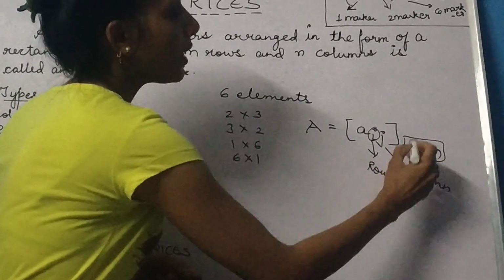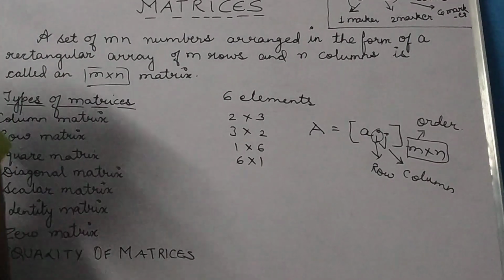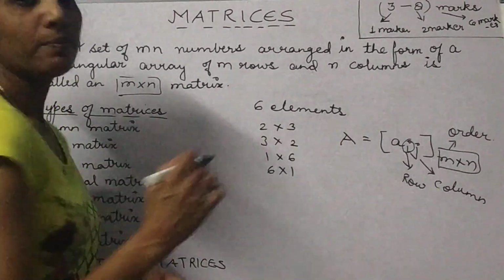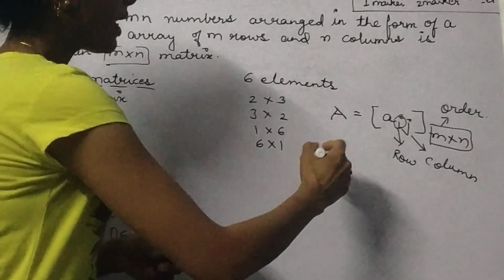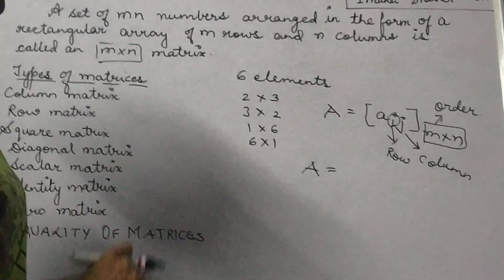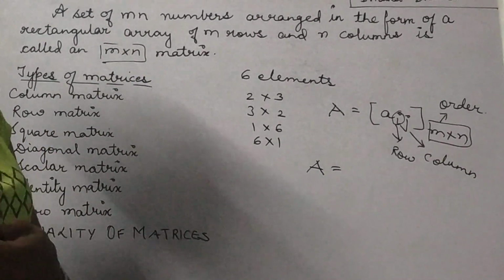Similarly, m into n is the order of the matrix. Now, what we can do here is expand this matrix A by substituting values of i and j as 1, 2, 3 till n.